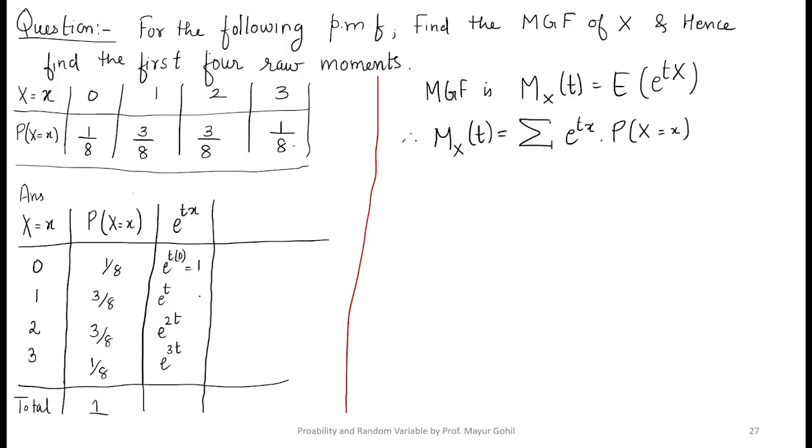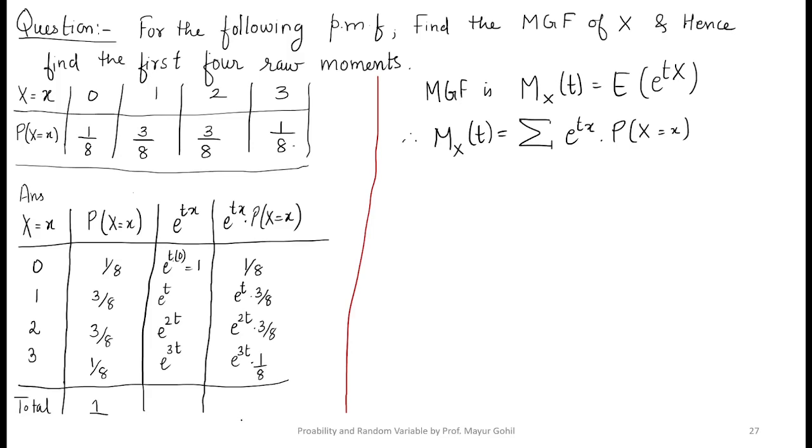Now the next column is we multiply e raised to tx and the probability p of x that we have got. Here it is going to be 1 over 8. Here it is e raised to t into 3 by 8. The next is e raised to 2t into 3 by 8, and the last one is e raised to 3t into 1 by 8.